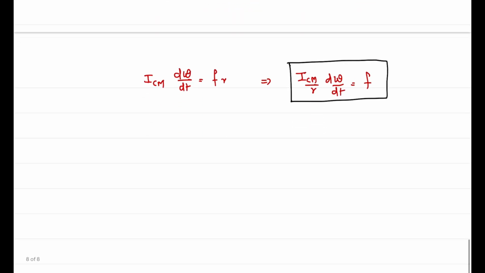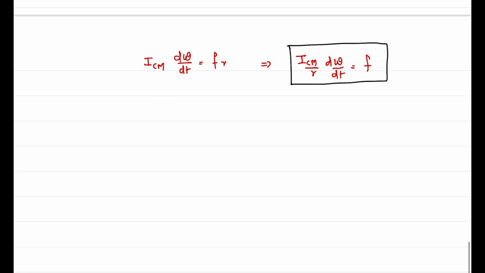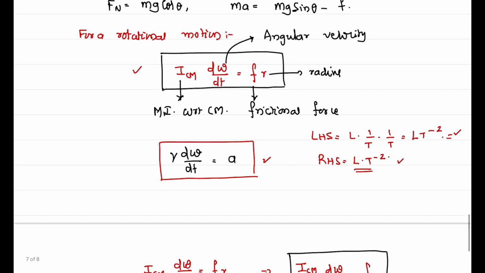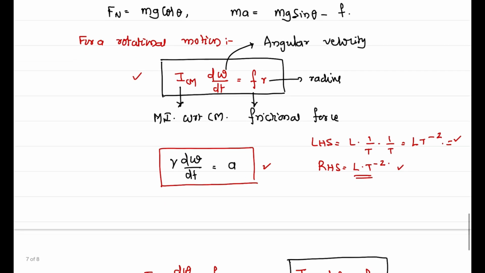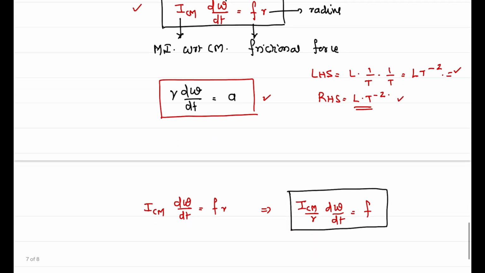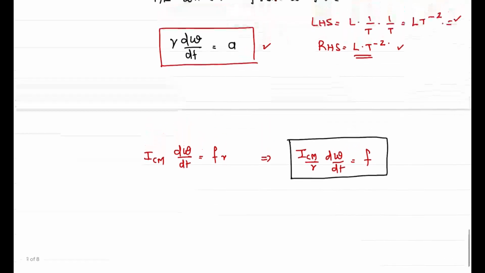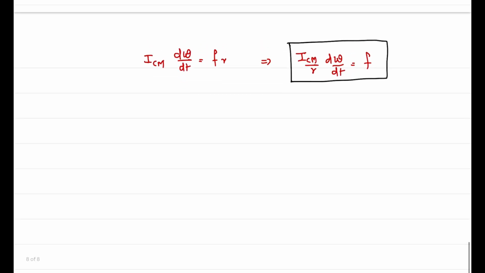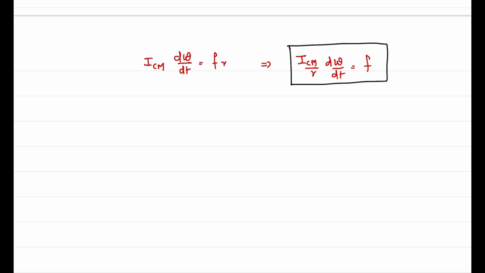That is A. R into d omega by dt is A. d omega by dt is A by R. That implies ICM by R into d omega by dt is A by R. Please refer to my earlier lectures if you want further concepts.